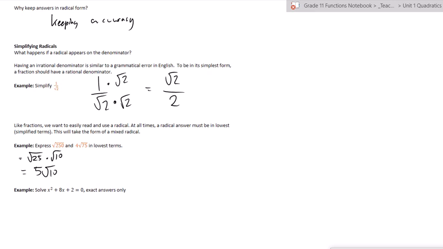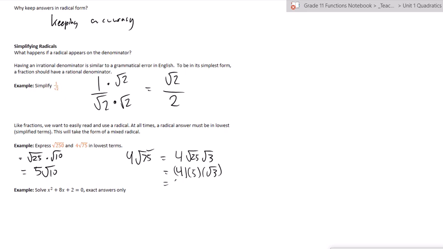Root 75 is a mixed radical, and we can still simplify it. For root 75, we want to think of numbers that are factors of 75. 25 is one of them. So we'll have 4 times root of 25 times the root of 3, because 3 times 25 is 75. And that gives us 4 times 5 times root of 3.